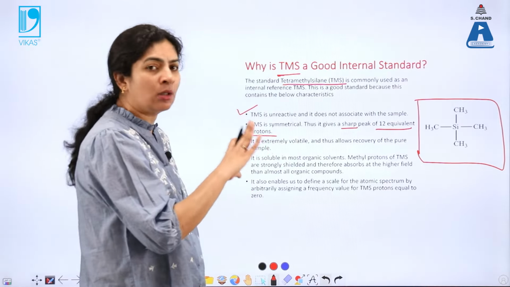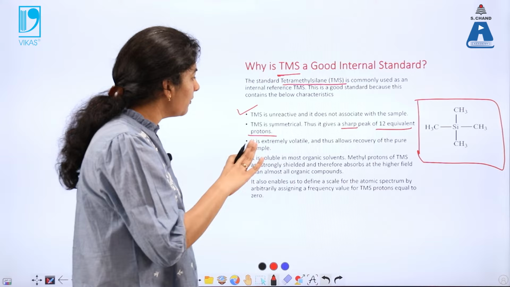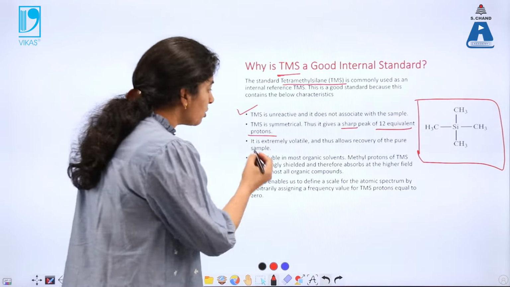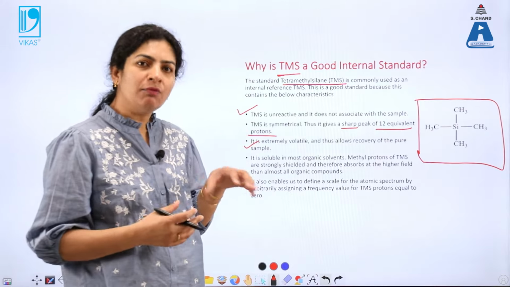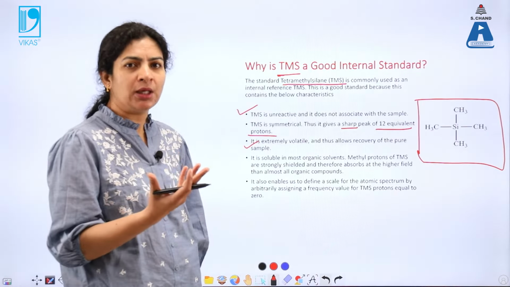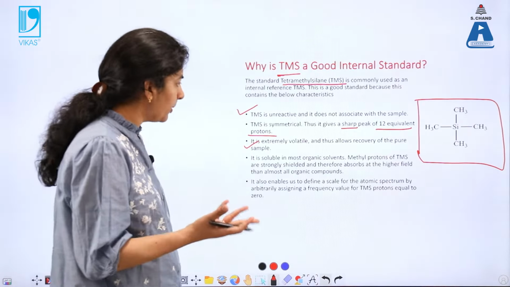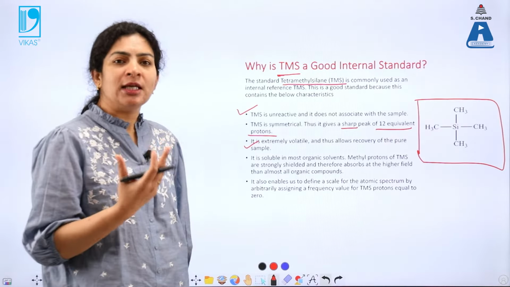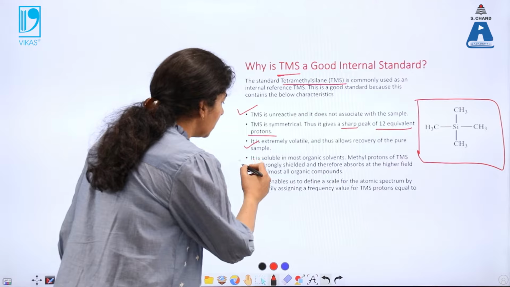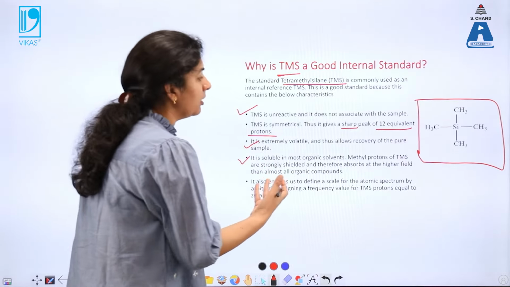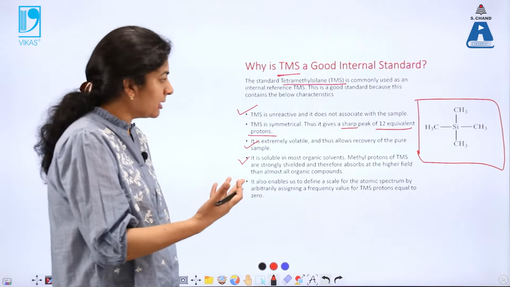It is also extremely volatile, so it can easily be recovered from the sample and we can obtain the pure sample again. And it should be soluble in most of the organic solvents.